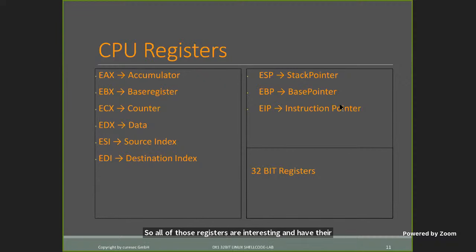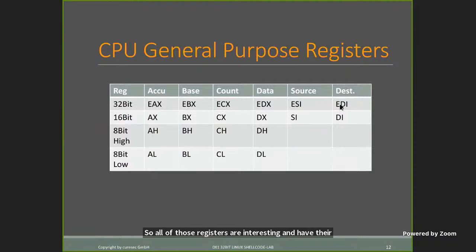Now, when it comes to the registers, as I already said several times, we are at 32-bit. So our maximum size for addressing is 32-bit, which equals 4 bytes, right? Because 8-bit is 1 byte. As you can see, there's also 16-bit addressing, and there's also 8-bit, high and low.